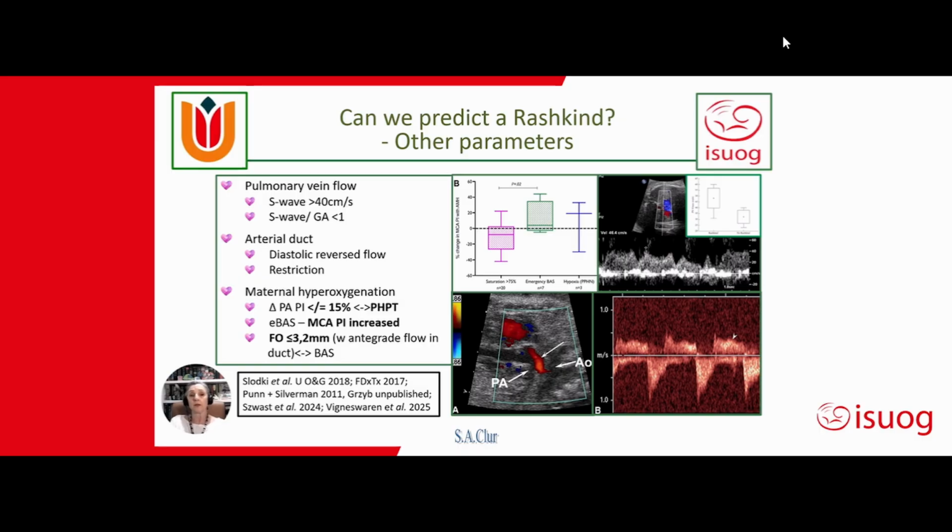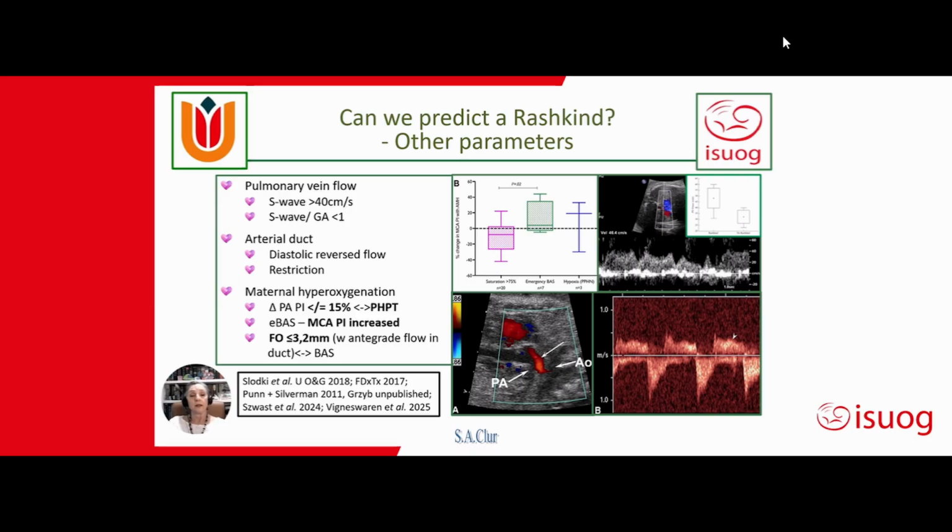It is important that we look at the arterial duct. We need to see if it's open, and should we see reverse flow in diastole, this can be a predictor for pulmonary hypertension postnatally. Currently, some units are giving maternal hyperoxygenation in order to determine the postnatal condition, where a change in the pulmonary artery PI of less than 15% is associated with pulmonary hypertension postnatally.